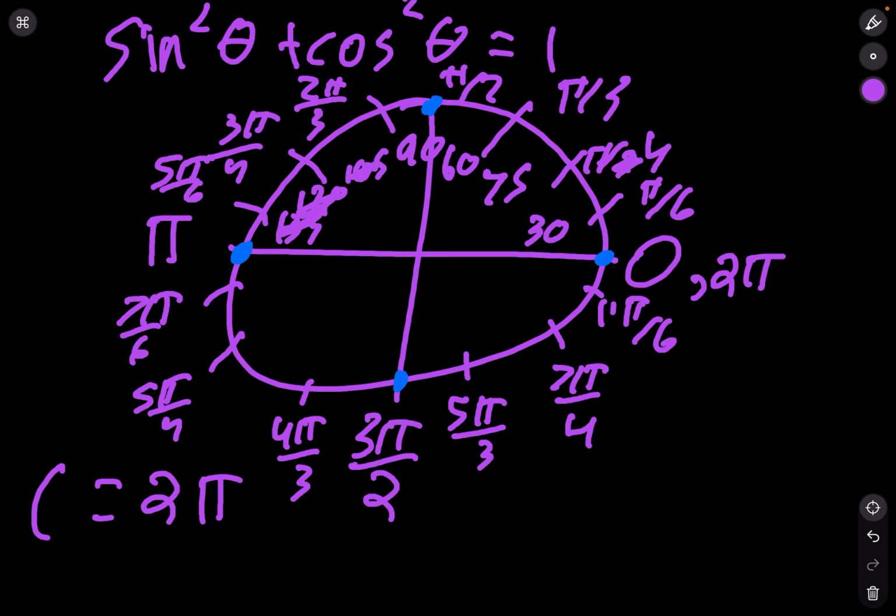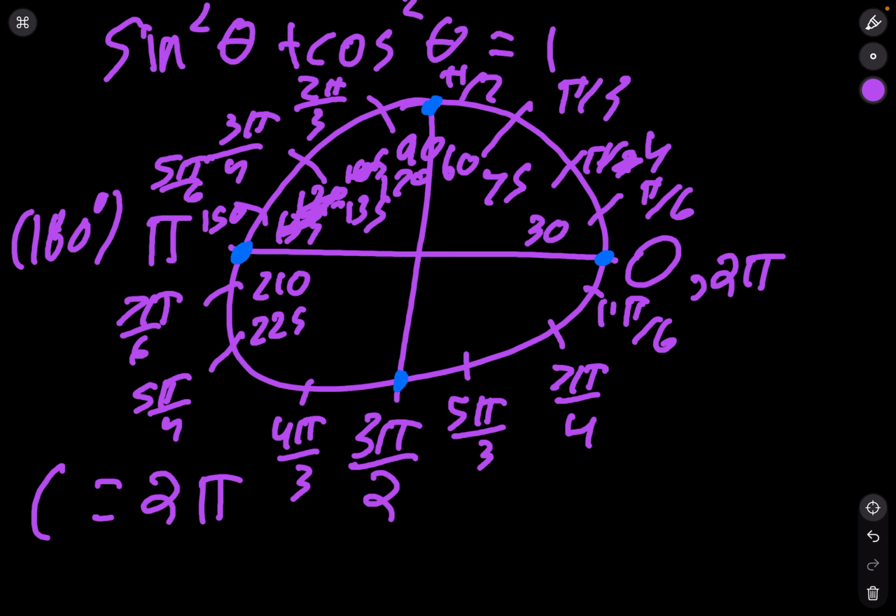When we talk about the unit circle, we're not talking about just the radians, but also the degrees. Each of these different points of the unit circle has different degrees. So pi 6 will be 30, pi 4 would be 45, pi third will be 60, then we skip over to pi half, which is 90.